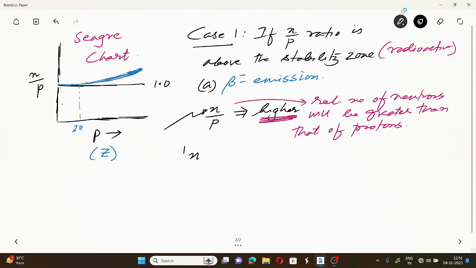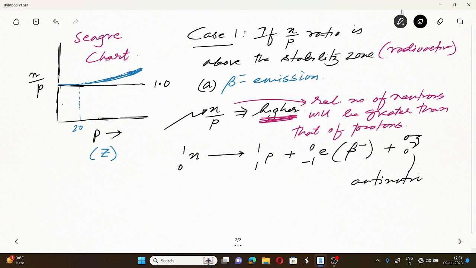So these neutrons are converted to protons, and in order to balance the charge, electrons are emitted, and this is referred to as the beta particle. And in order to balance the nuclear spins, this particle, known as the anti-neutrino, is emitted.